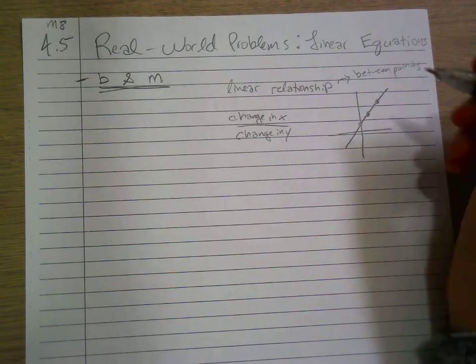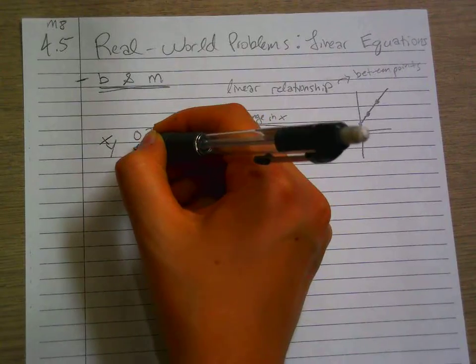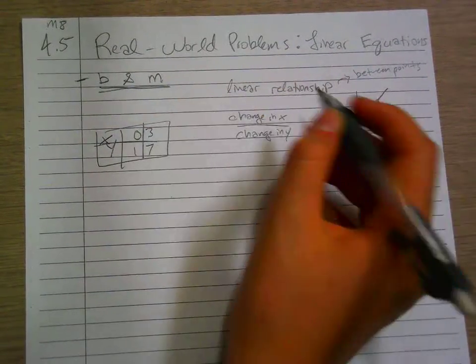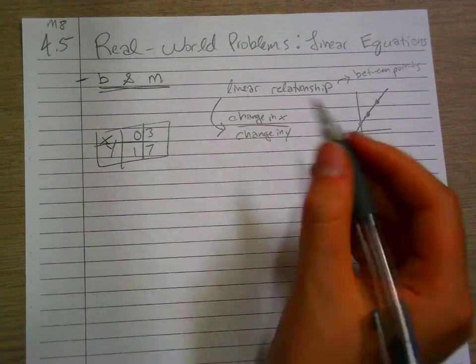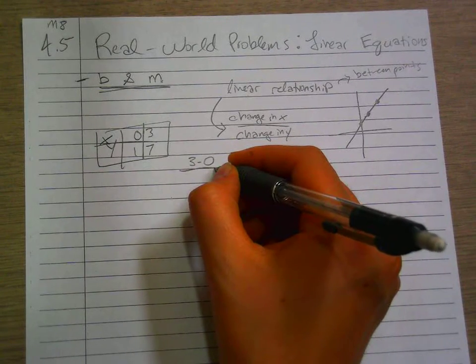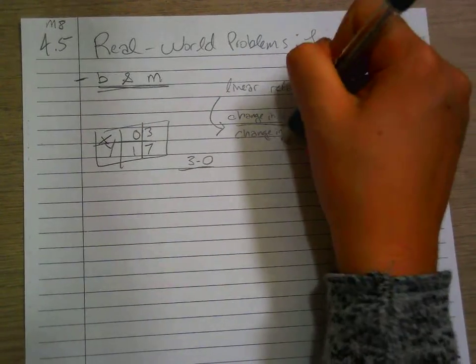So therefore, if we had a graph that told us x and y, (0, 1) and (3, 7), we could find the linear relationship between them by going the change in x, which would be 3 minus 0, over the change in I wrote that wrong. It's y over x.